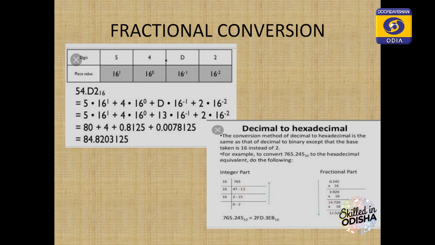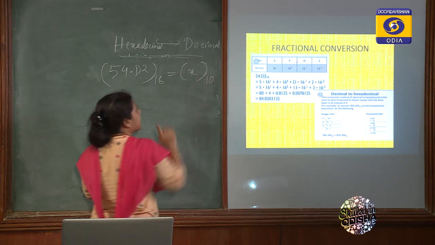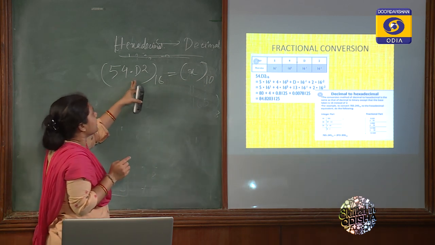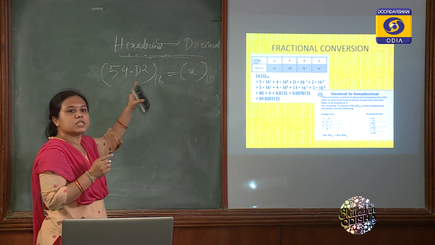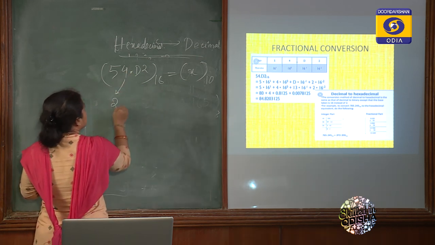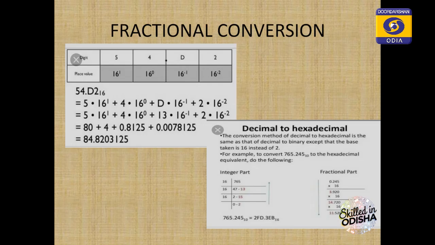I have to find the equivalent decimal representation, meaning the base will be 10. So again I have to multiply each digit with its positional weightage. Here the positional weightage is 16 to the power 0, as it is hexadecimal, then 16 to the power 1.